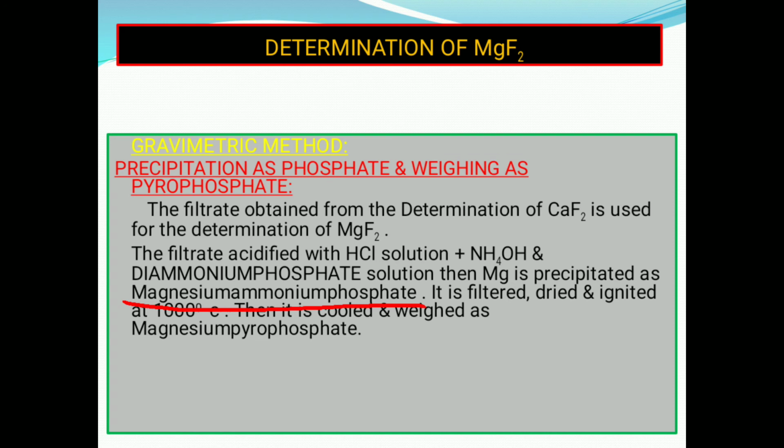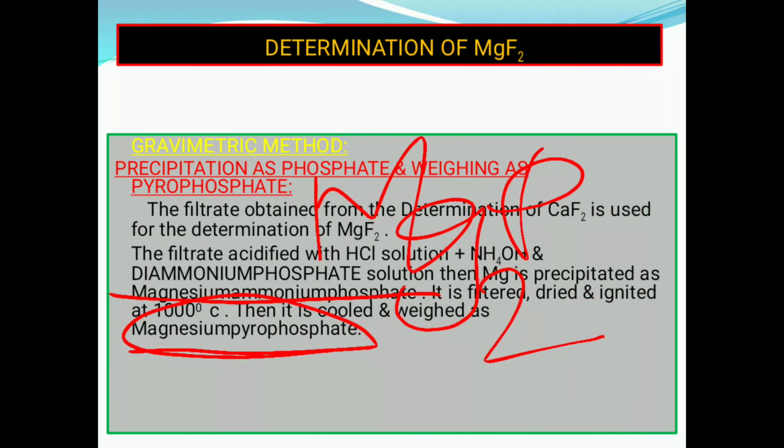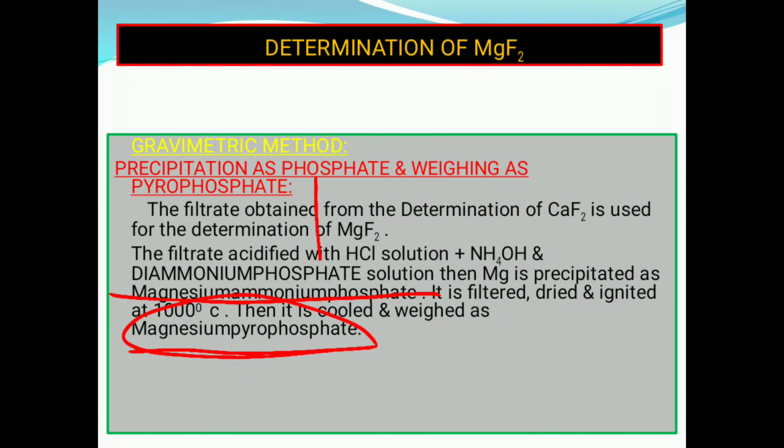Then it is filtered, dried and ignited at 1000 degrees Celsius. Then the magnesium ammonium phosphate will be converted into magnesium pyrophosphate, that is Mg2P2O7. So after that, by using this we can calculate the magnesium fluoride, that is MgF2, which is present in the sample of fluorspar.